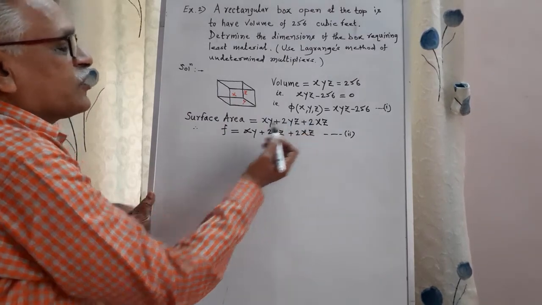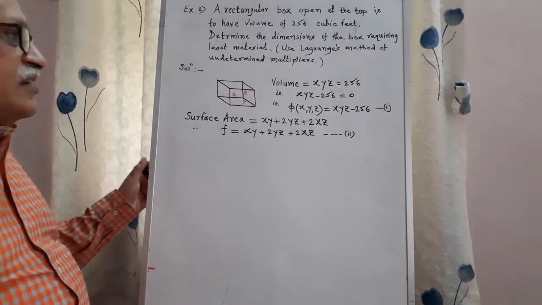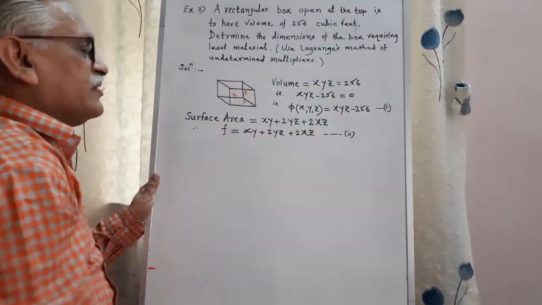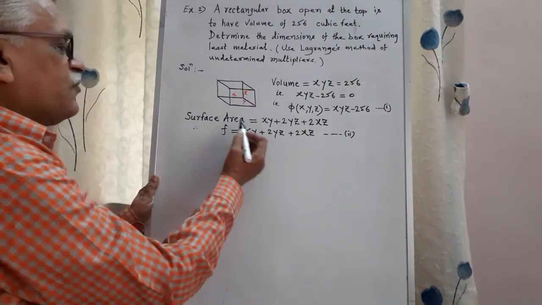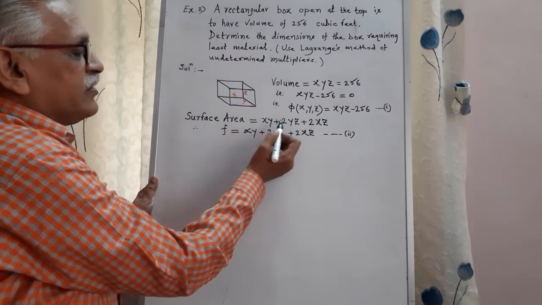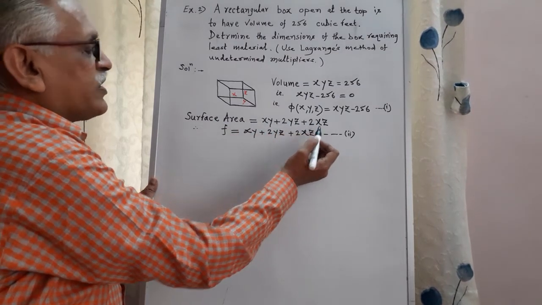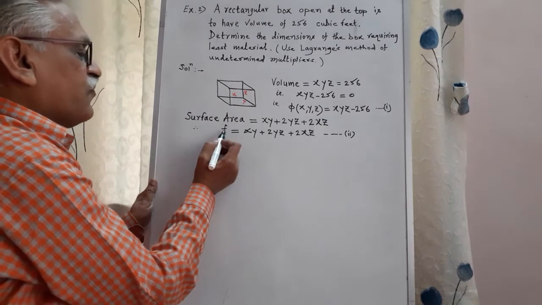Out of the total 6 sides, the upper side is open, therefore we do not multiply here by 2, therefore that surface area is xy plus 2yz plus 2xz, and we call this f.